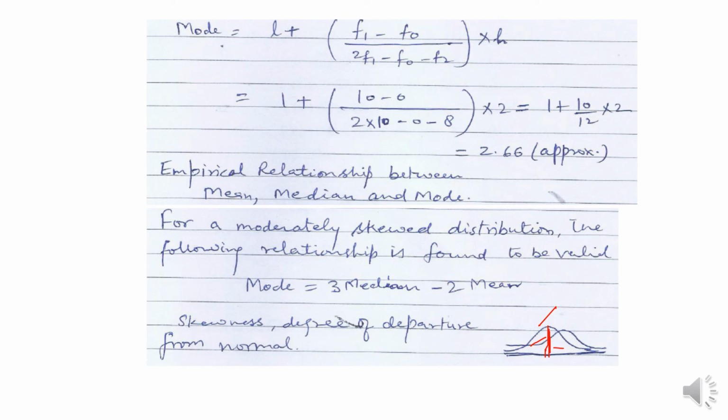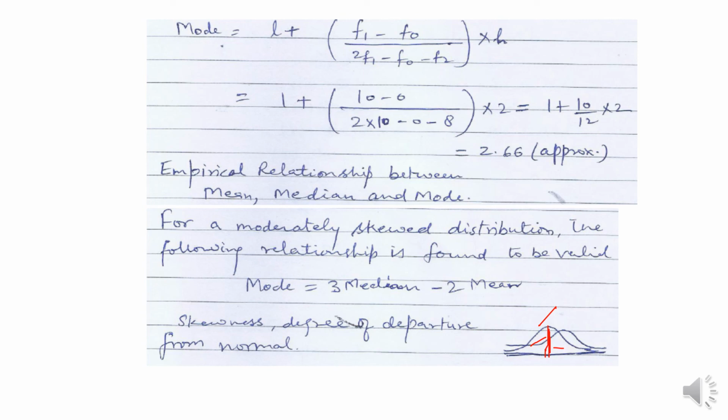So the area under the curve is 50% on this side, 50% on the right. The mean is in between, the median and mode are at the middle point, and skewed means shifted to the left or shifted to the right.